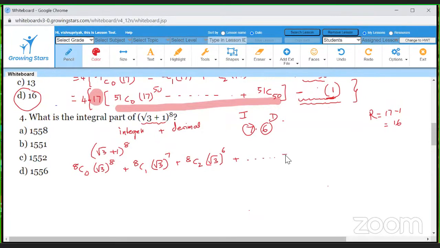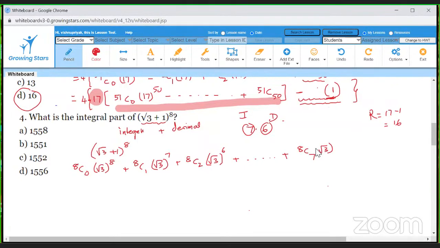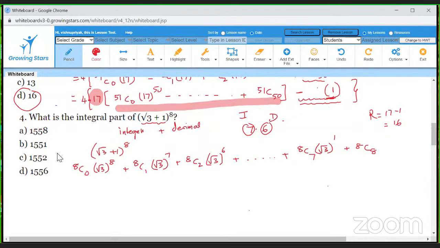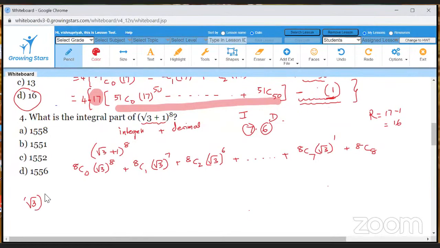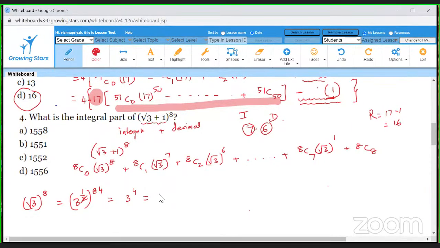8C3, 8C4, 8C7 root 3 power 1. Last one, 8C8, no root 3. Now what you can see is whenever root 3 is having even power, that means 3 power half is having even power, 2 ones, 2 fours, 3 power 4 will be an integer like 81.